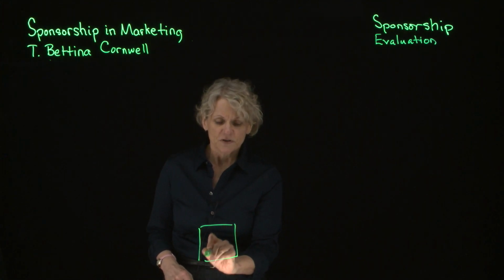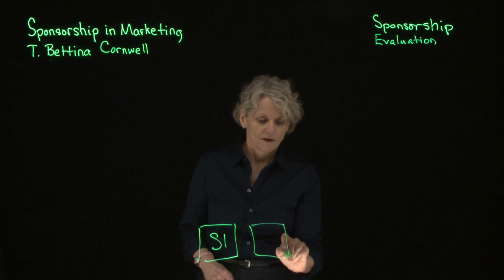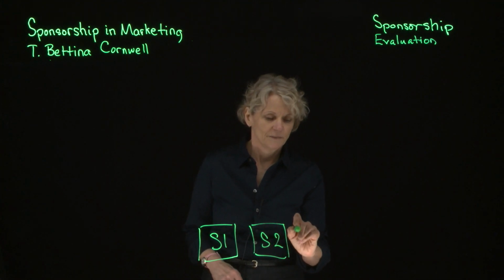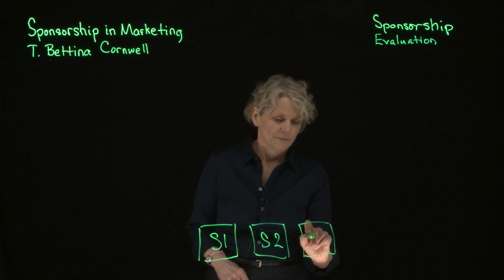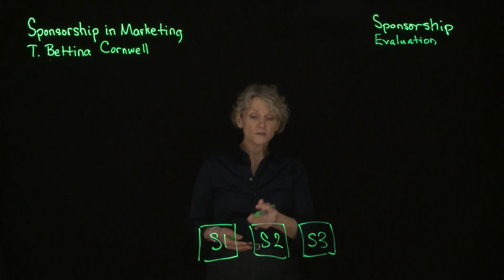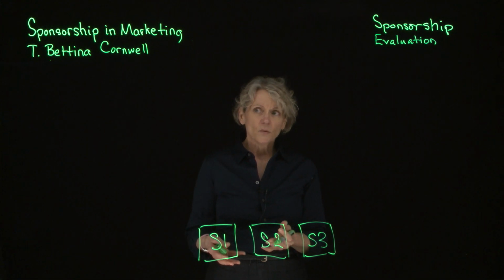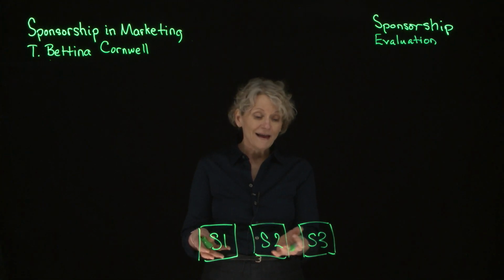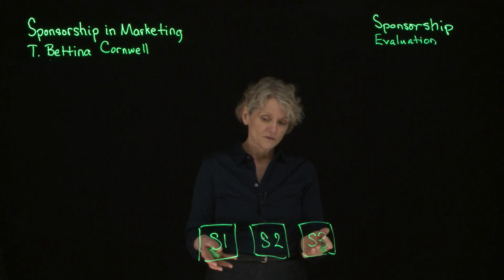So we'll just call them S1, S2, and S3. Each of the sponsorships will have measurement. And our question is, will they have similar measures or will they have different measures?